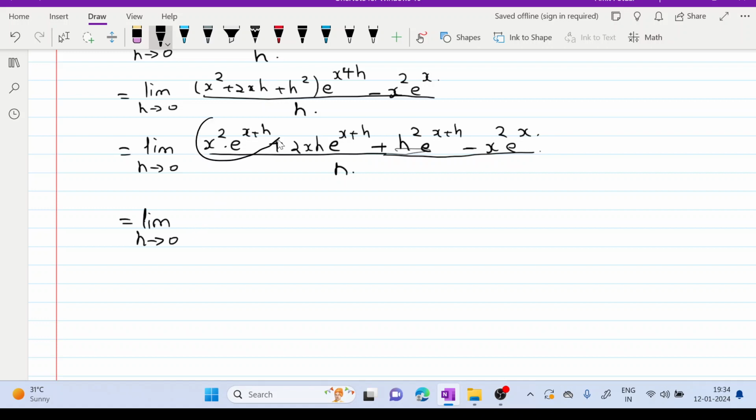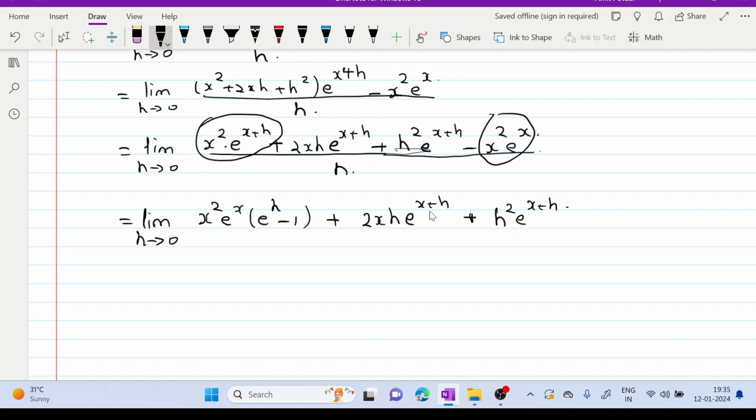Now I'll bring these two terms together, this one and this one, because they both have x square. So I can take x square e^x common, and what is left is e^h minus 1, plus 2xh e^(x+h), plus h square e^(x+h), and this h I will split up, so it will be h and h.